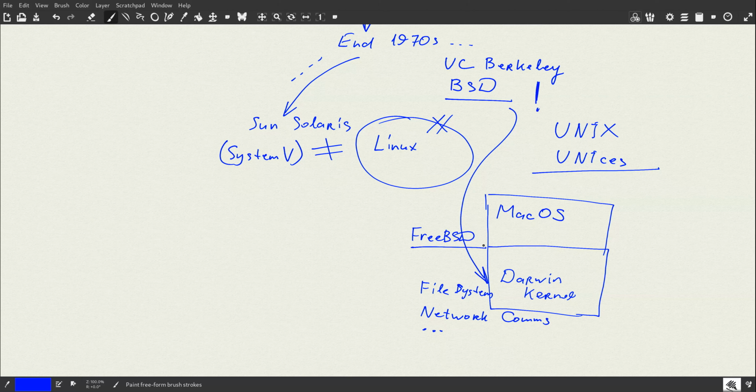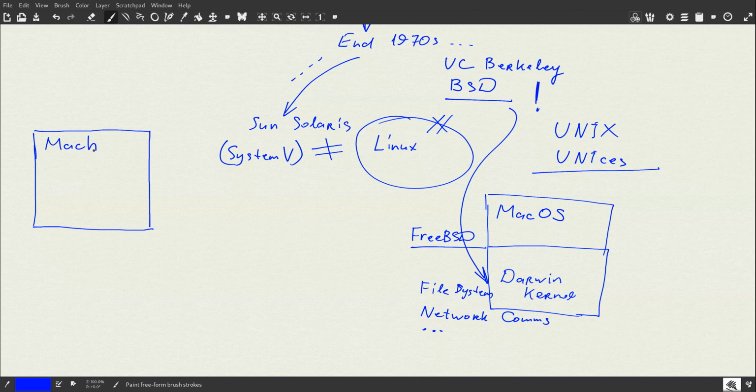But there is another pedigree in Darwin, which is not coming from FreeBSD. There is a very interesting family of operating systems, and that family, I would say, has a direct relevance to our formally verified operating system model, which is called Mach.